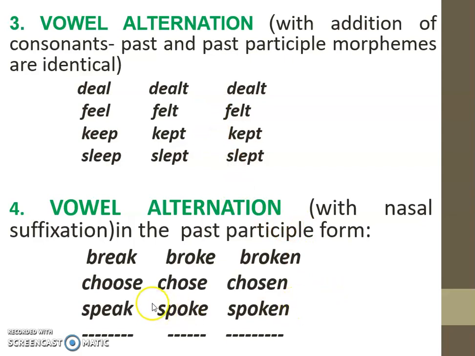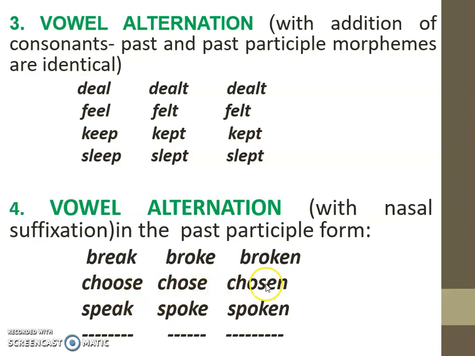Let's see there. Break, broke, broken. Choose, chose, chosen. Speak, spoke, spoken. What's happened here? First of all, the vowel has changed. Break, broke, broken. So the diphthong A, the face, changed to O, to the goat, in both forms. So there is vowel alternation.